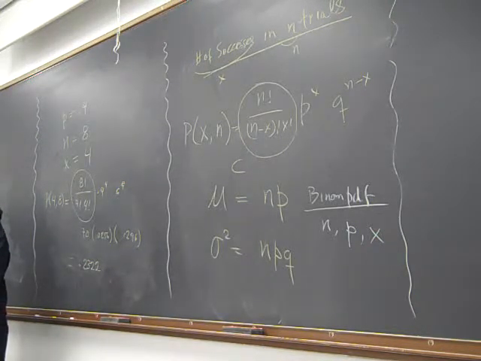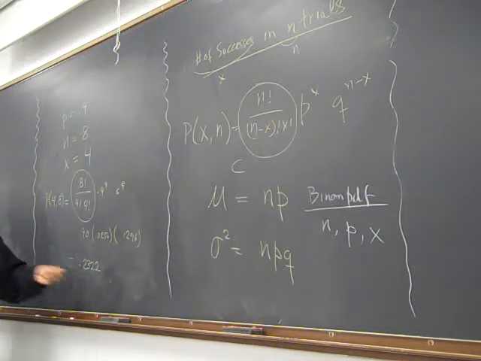Now, that is the probability that I hit the bird exactly 4 times. But what if I want to hit the bird 4 or 5 or 6 or 7 or 8? I have to hit the bird at least 4 times. So I have to consider that. This is the probability that only 4 out of the 8.